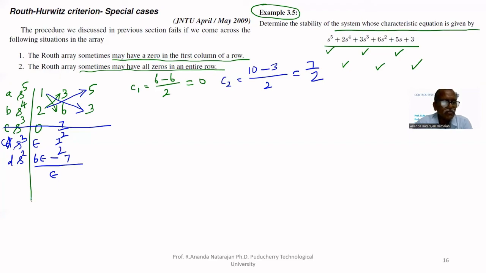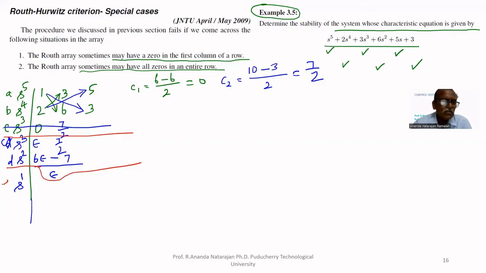Now we have to find the s power 1 row. This is only one element. We have to use the s cube row and s square row to find s power 1.